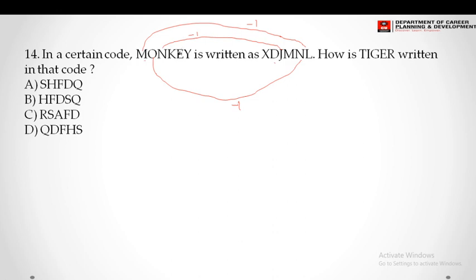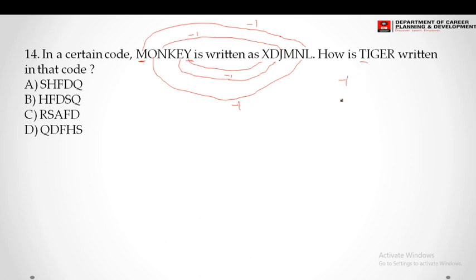So these are written in reverse order and written as minus 1, because the first one goes to the last one. So we can say the last one is minus 1 on the first, then the second one is minus 1 on the second. By a similar way, tiger.